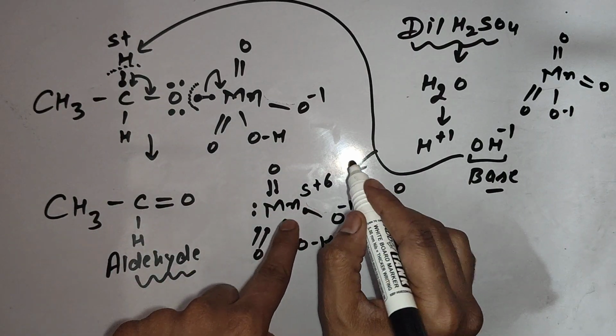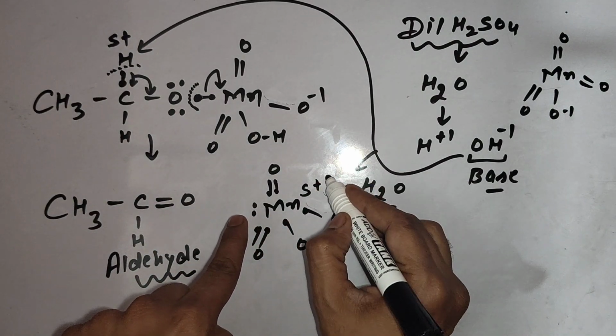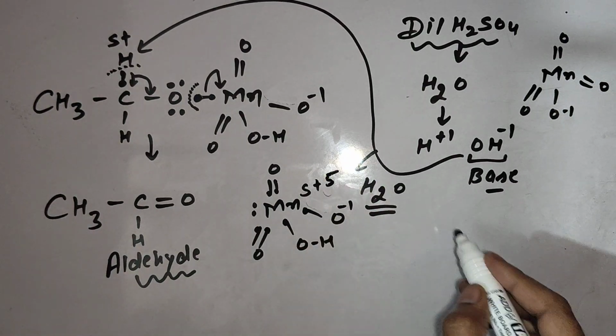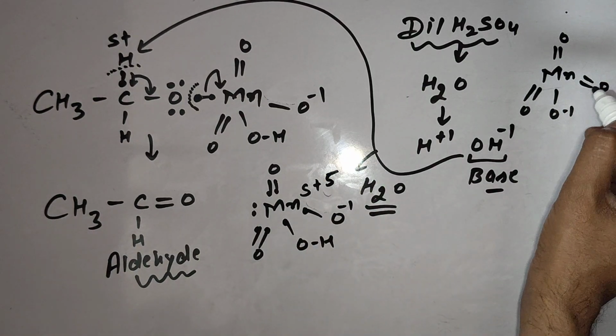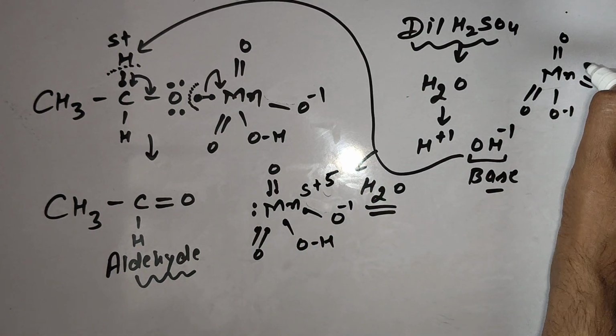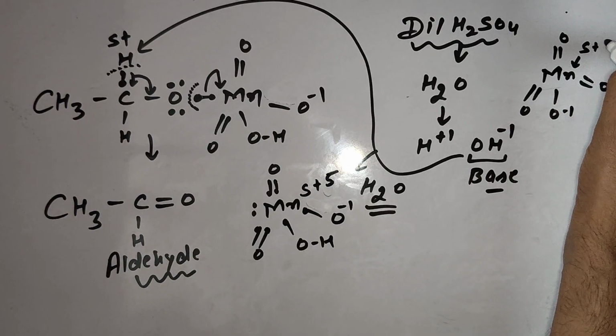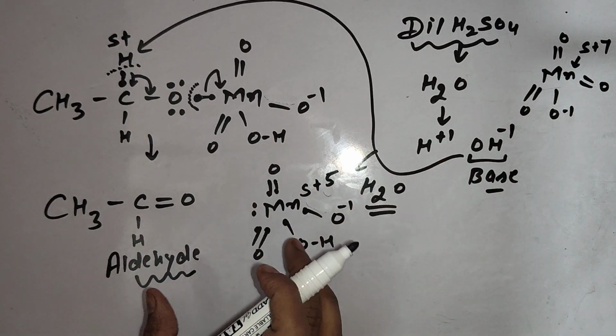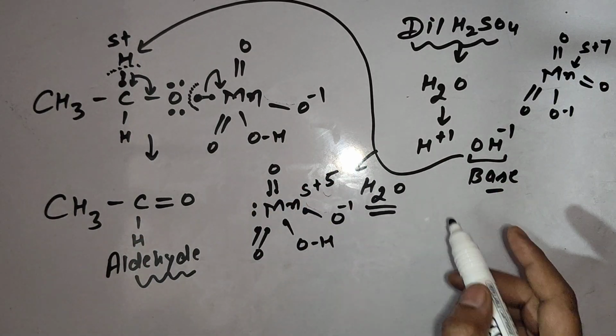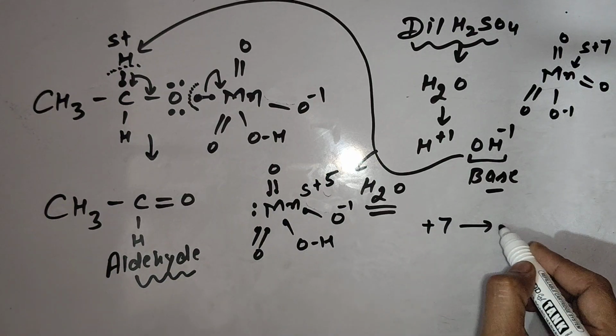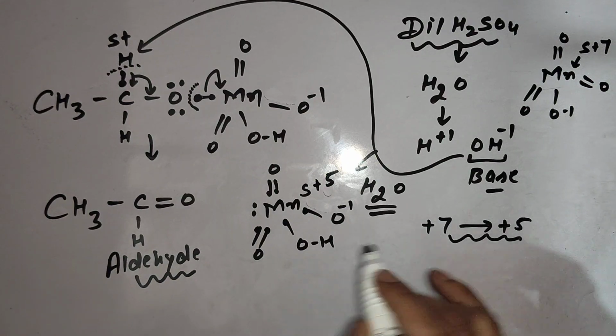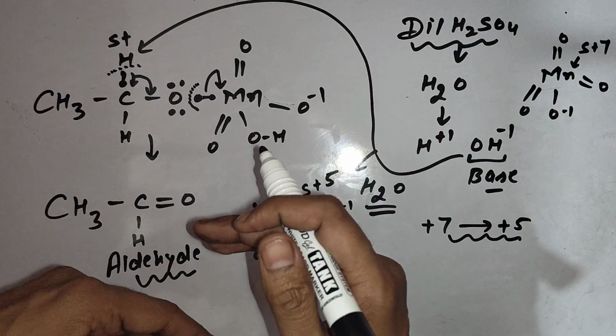So this +6 turns to +5. Means after this process, if you check the KMnO4 starting condition, what was the oxidation state? +7. And after this process, what is the oxidation state? +5. Means +7 to +5. The oxidation state of Mn is changing during this process.